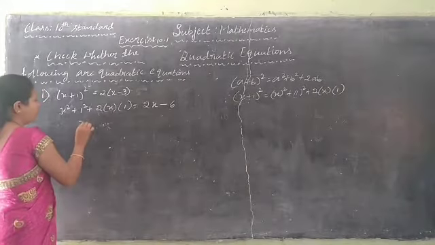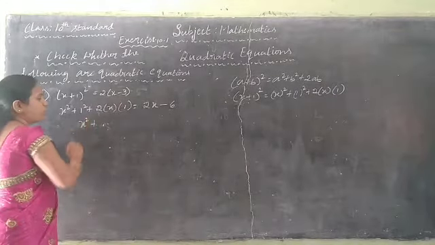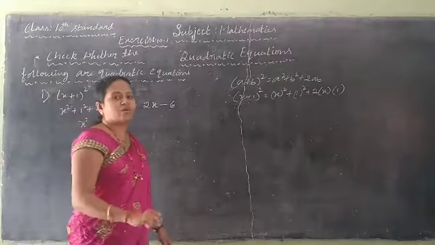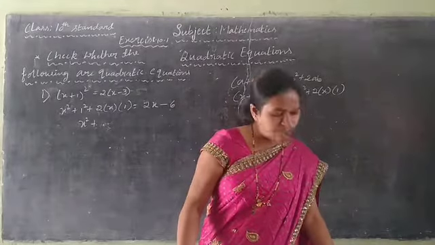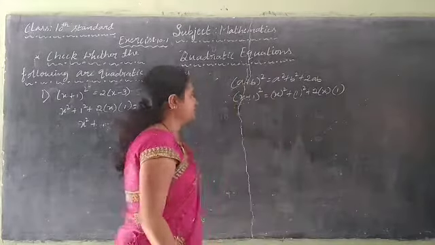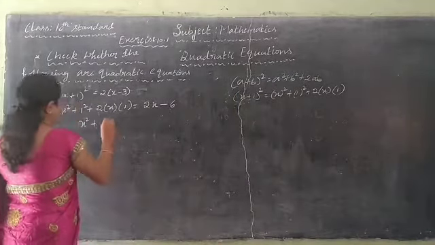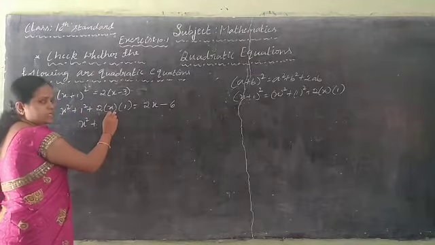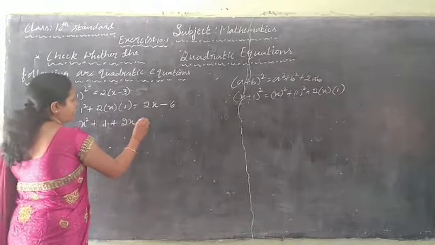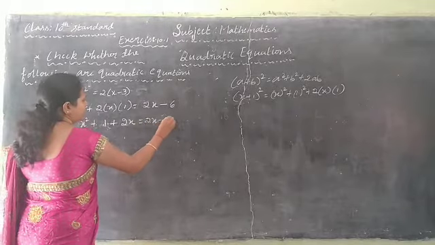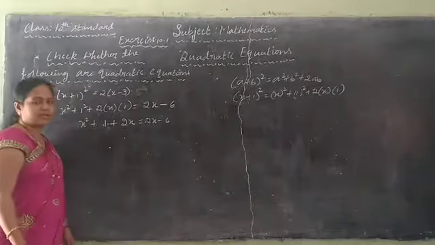Right. Now x square plus 1 square is there, children. What is the square of 1? When you multiply 1 two times, what are you going to get, children? Yes, we're going to get 1, isn't it? 1 plus 2 into x, 2x into 1, 2x, equals 2x minus 6. Right.